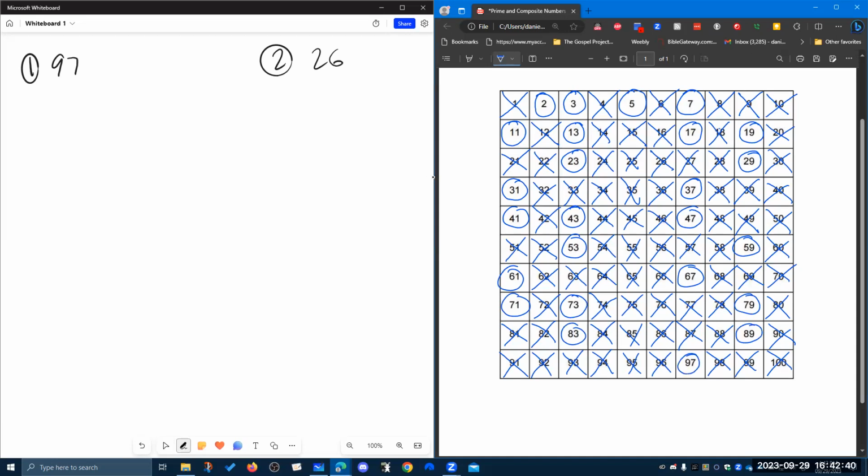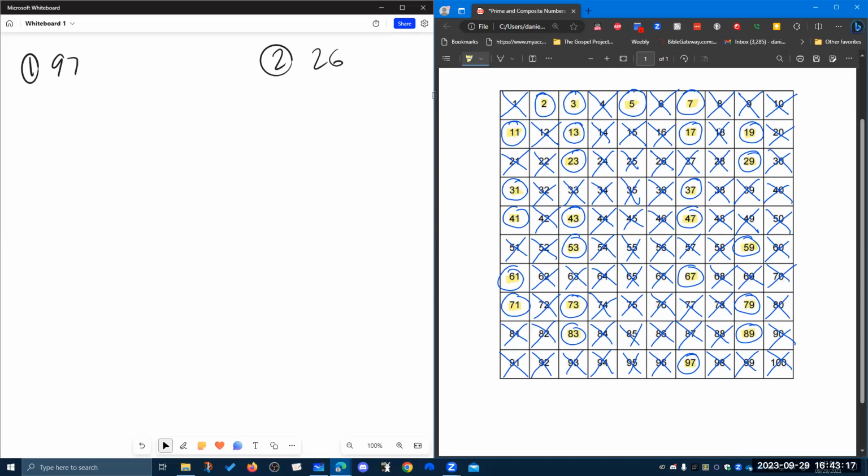Now that we have all of that done, I might go ahead and highlight these that are prime to help you find them a little more easily. There we go. I think that's all of them.